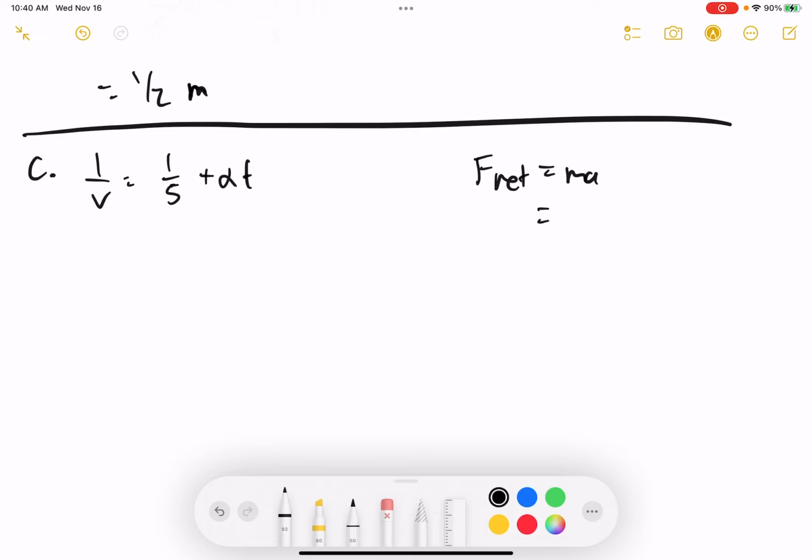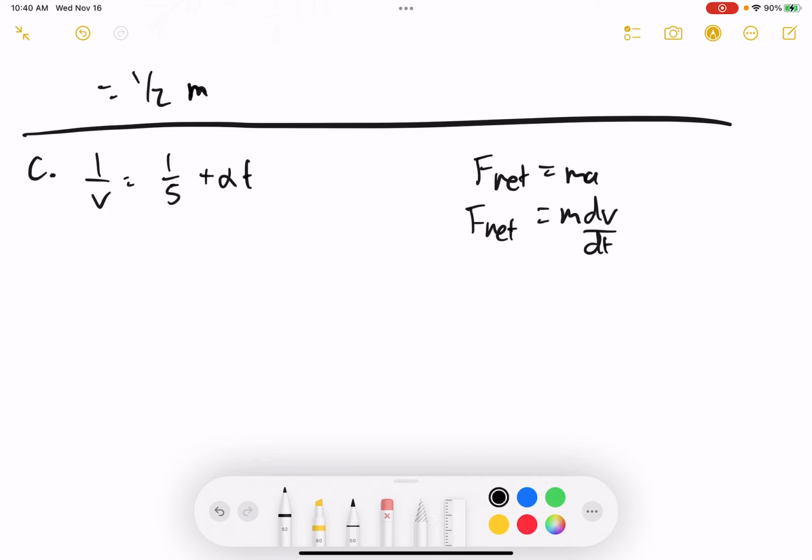Another way to write a, related to v, using a calculus definition, is dv dt. So I need to find the derivative of my velocity, and then that will give me the force if I multiply by m.